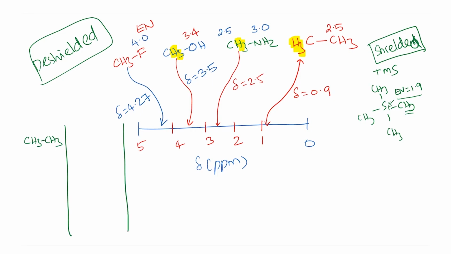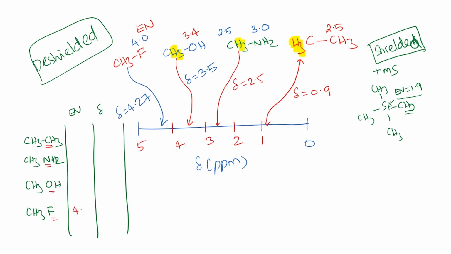So, what this tells me is that if I have to draw a table, let me make two columns here. The first column would be the electronegativity of the atom and the second one would be the chemical shift. So, CH3NH2, CH3OH and CH3F. Let us just write down the electronegativities of these atoms over here.